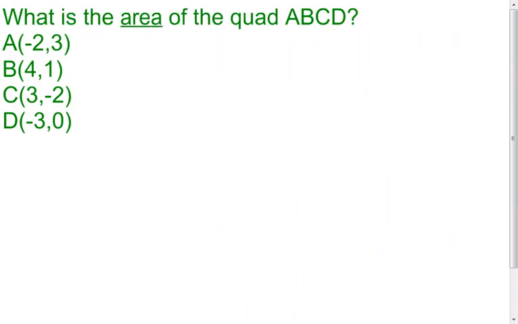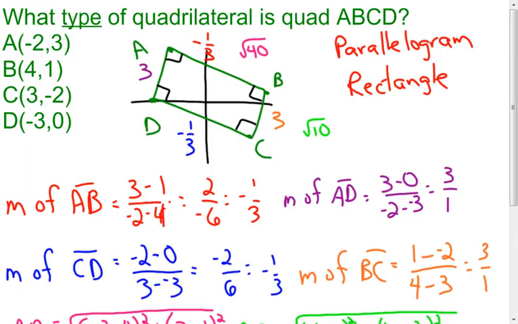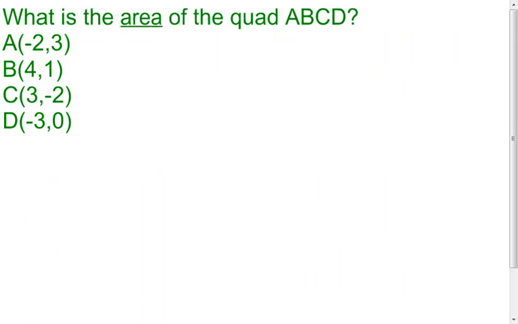And now my next one, this one I want to know, what is the area of the quadrilateral? Well, being it's the same one as this one, I now know the length of the base. I know the length of the height. Well, then I can just come over here, and area of a parallelogram is equal to base times height.